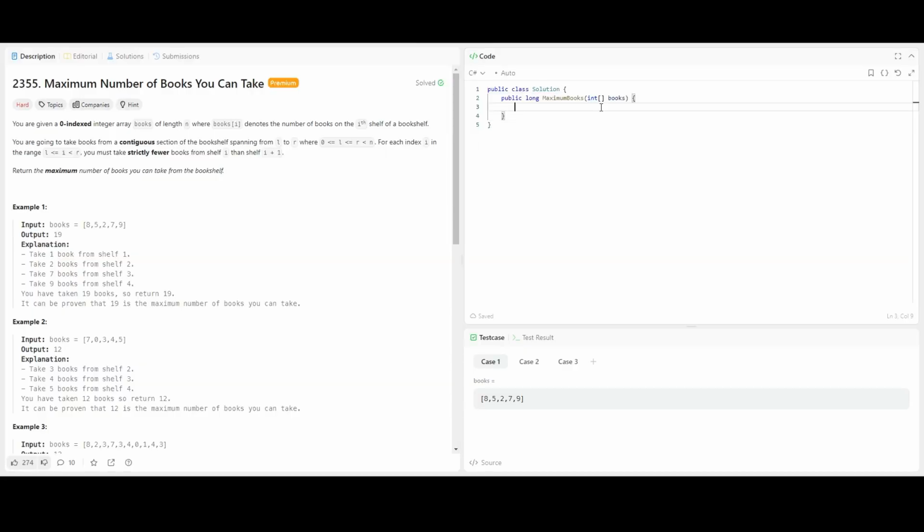Alright, let's solve this problem. We're going to need a stack of indices and a DP table. And we're going to iterate through the books. So we want to get the triangle value of each book.